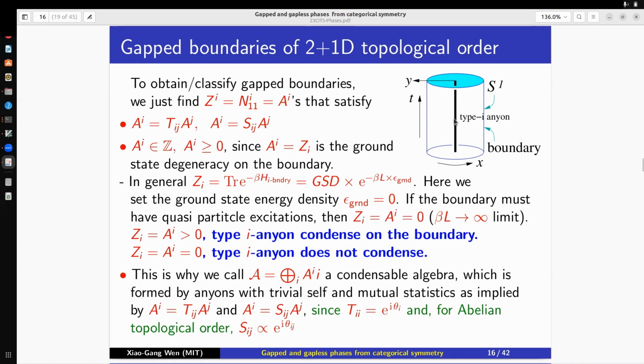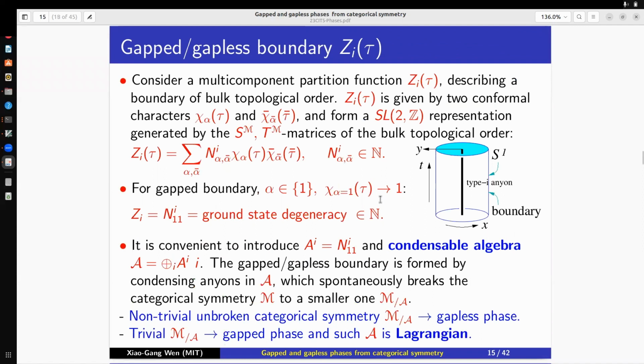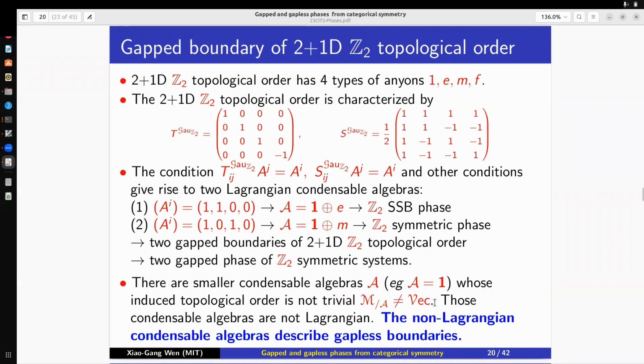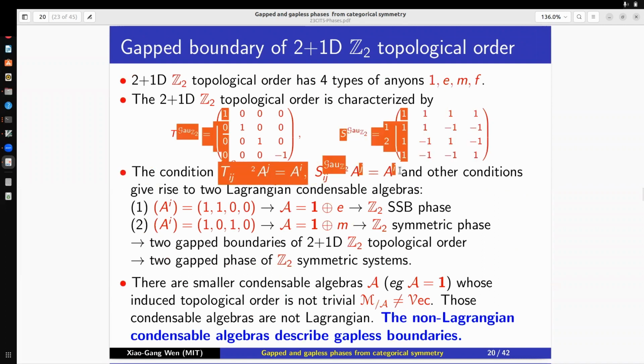So how do we determine this non-maximal set? That is tricky, because if it's a non-maximal set, we cannot use this condition. This condition only applies to the maximal set.